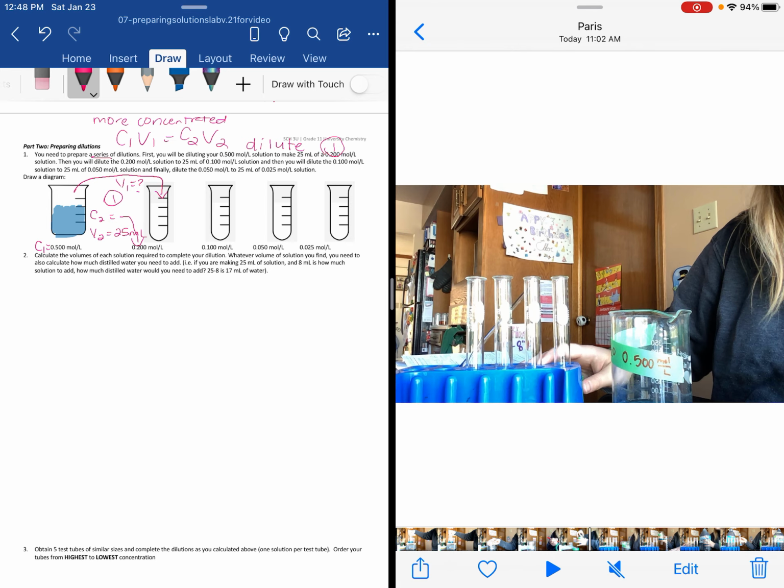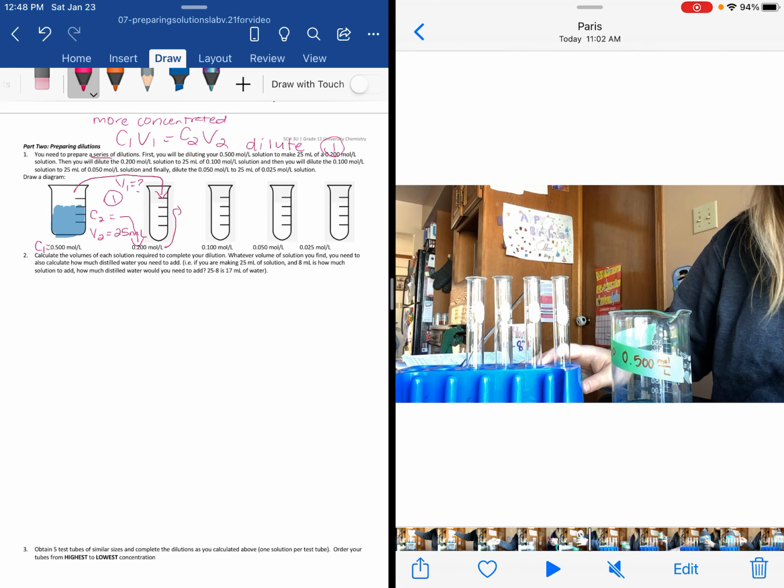Then number two, we are going to now take this solution. So we'll be done with the 0.5. We want to take from this one. It says, then you will dilute the 0.2 molar solution.